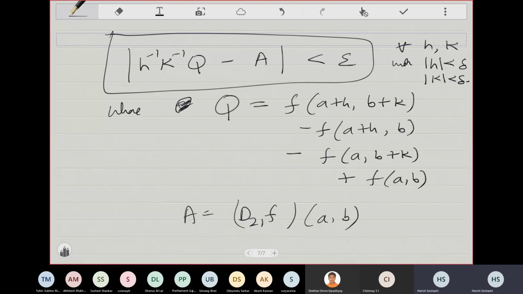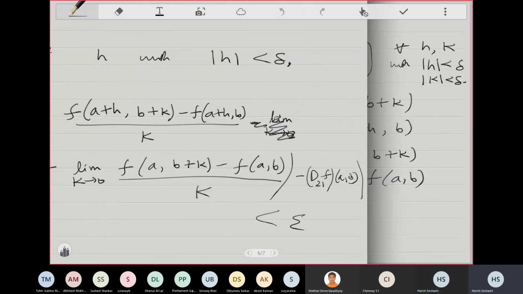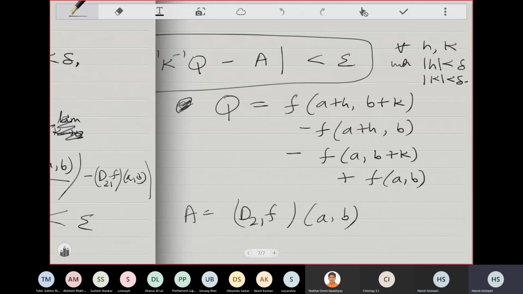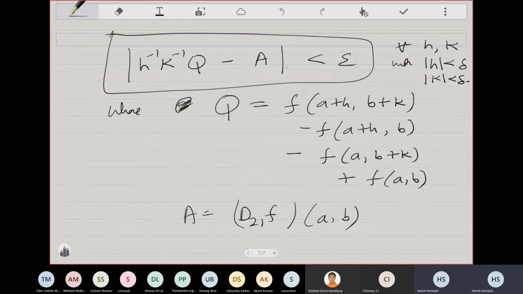I leave it to you to figure out how I can remove the limit sign here. To say that this whole thing is less than epsilon for mod h less than delta amounts to saying that, but now I've used the same delta for k as well.